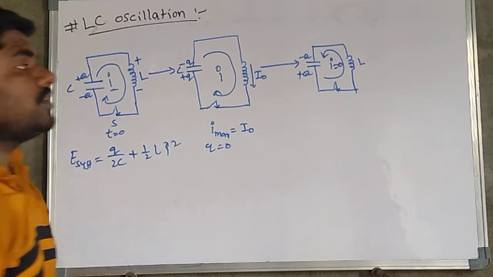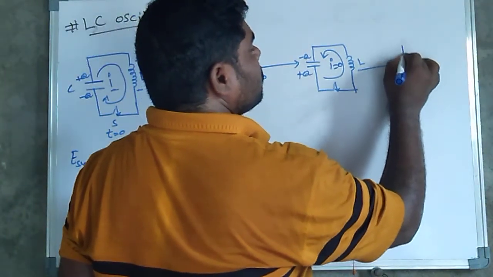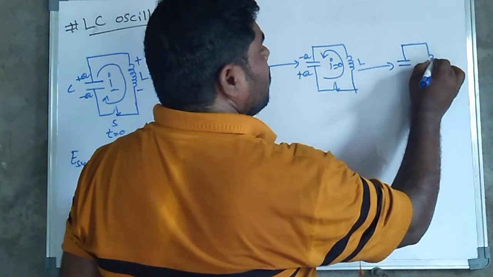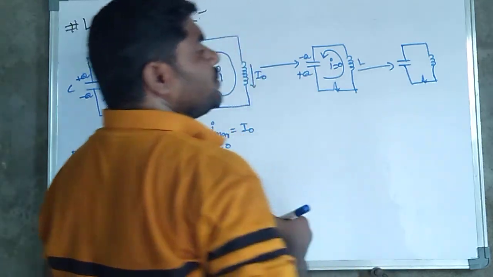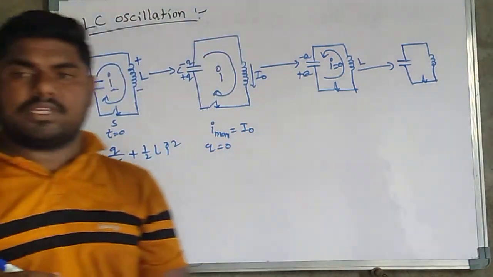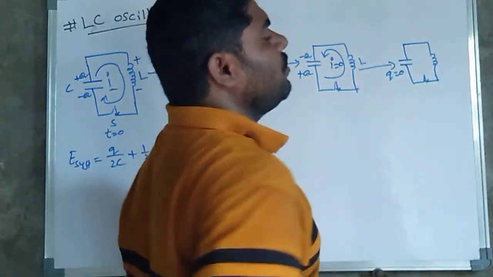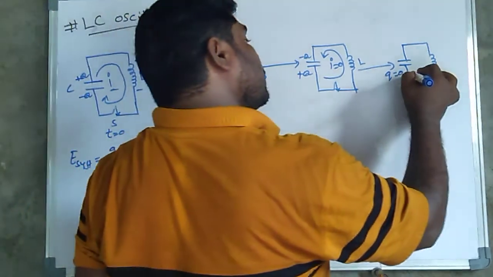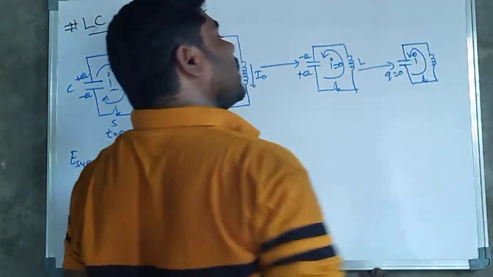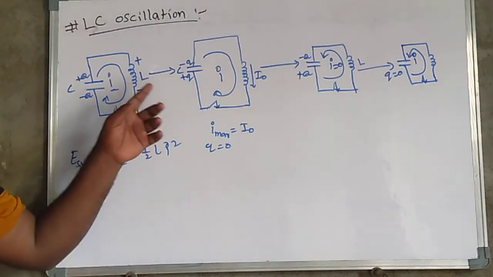In this situation you write another one: this capacitor, this inductor, and this switch, in the switch closing case. Here q is equal to 0 and the current is decreasing.